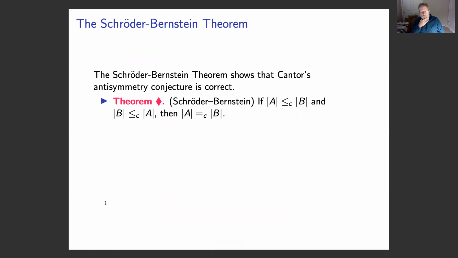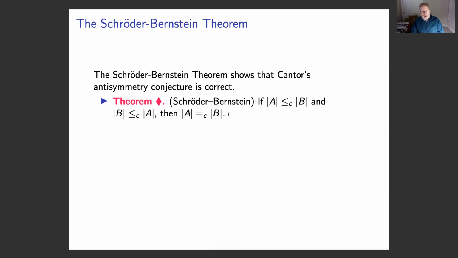Okay, here's the Schroeder-Bernstein theorem. The Schroeder-Bernstein theorem says the anti-symmetry conjecture is actually correct. Here it is. It says if A is less than or equal to B in size, and B is less than or equal to A in size, then the two sets have the same size.